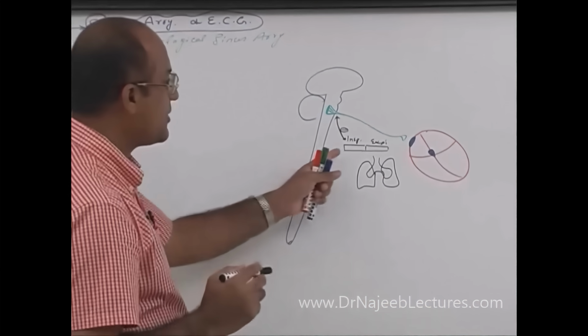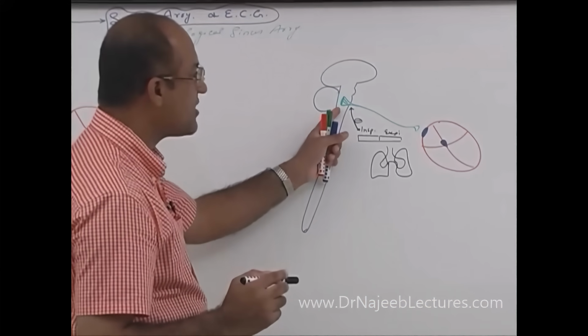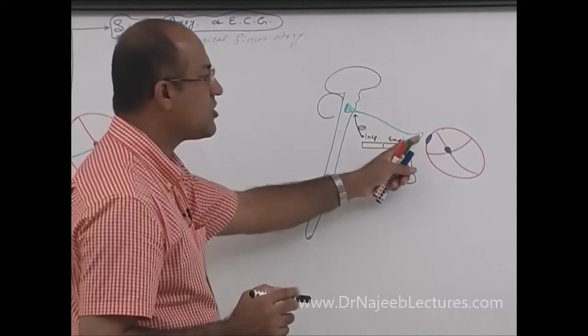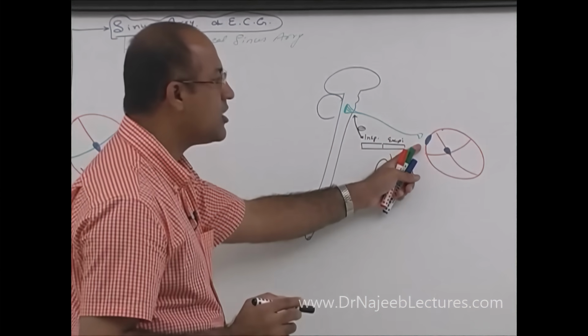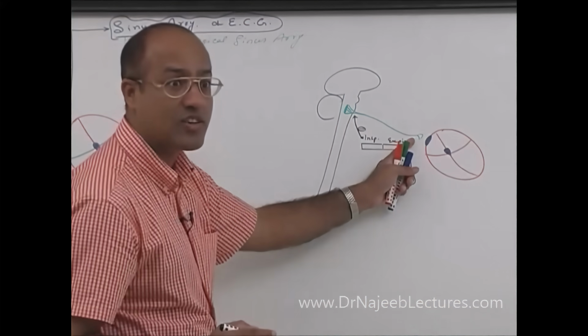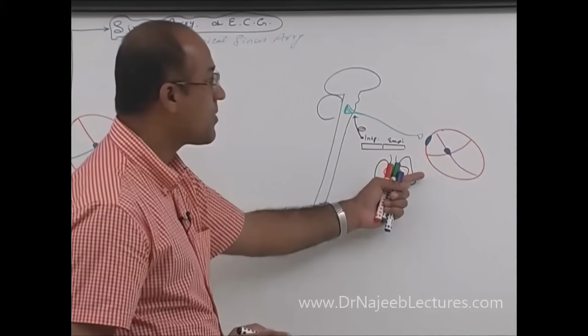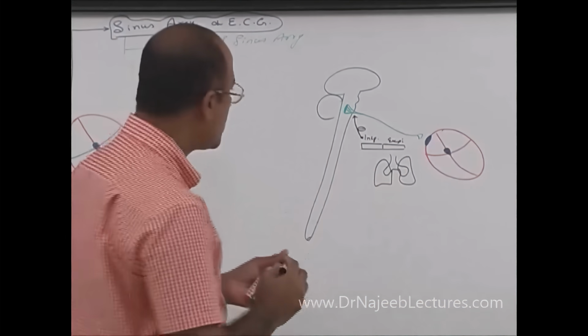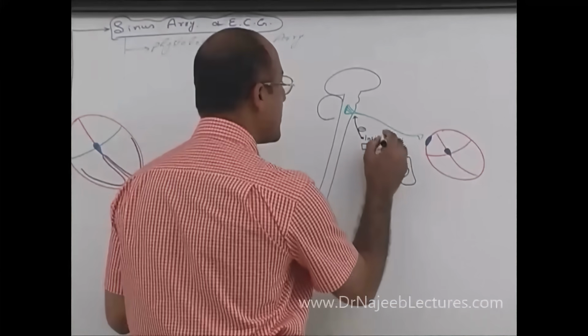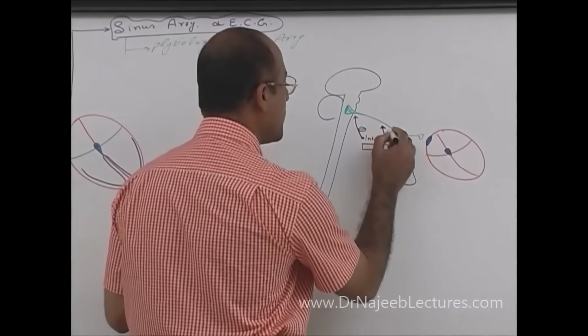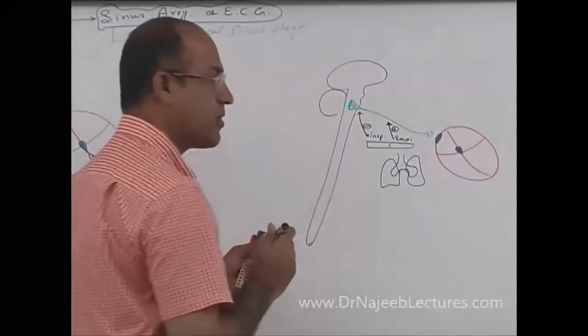It means during inspiration, if vagus is inhibited, the heart is released from vagal inhibitory action and heart rate will go up. But during expiration, vagus is stimulated.